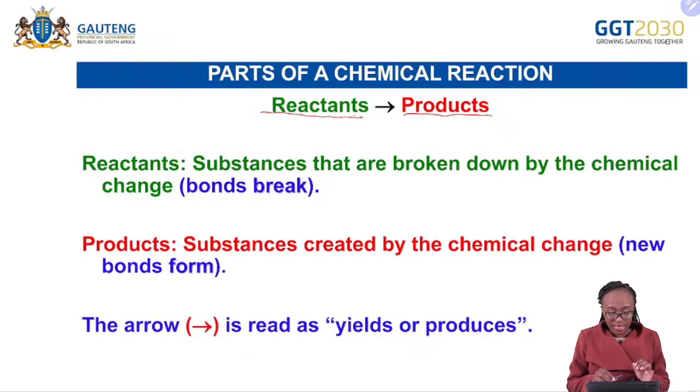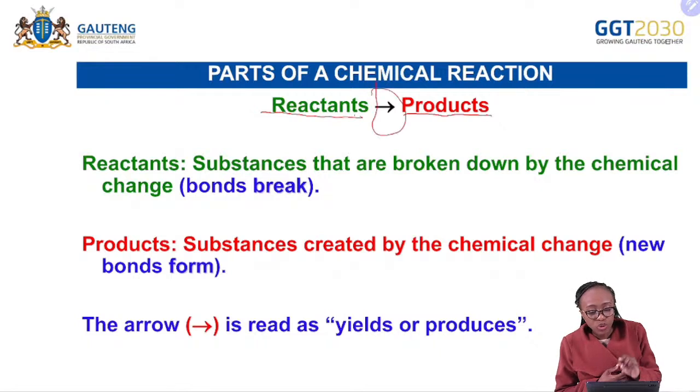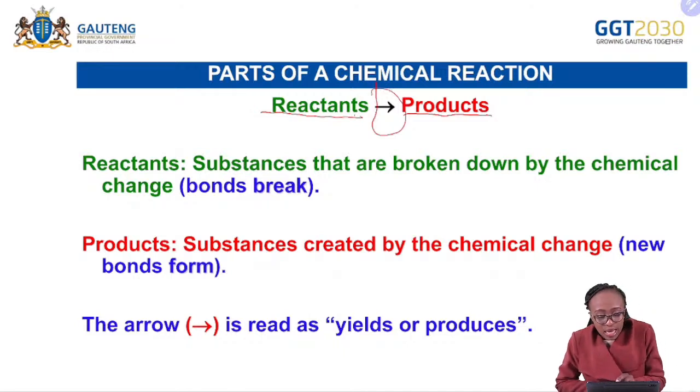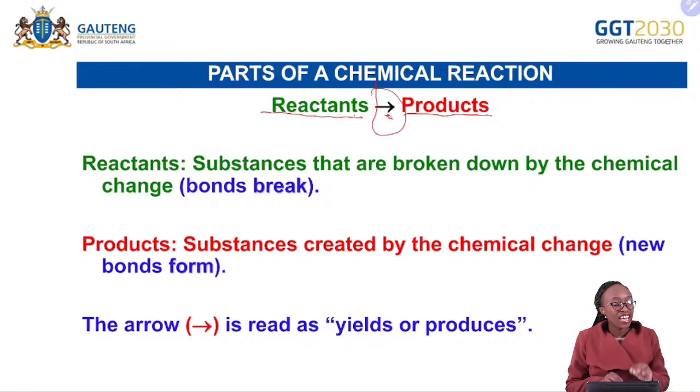Right, and then there is an arrow. We always have an arrow between reactants and products, and the arrow is always pointing towards the products. Remember, an arrow has one end, the pointing end. That pointing end is always pointing towards the products.